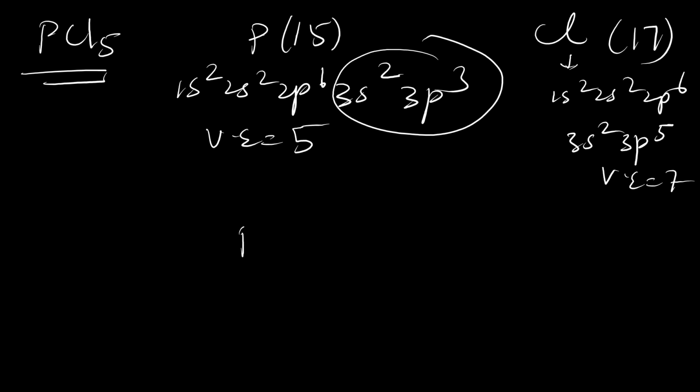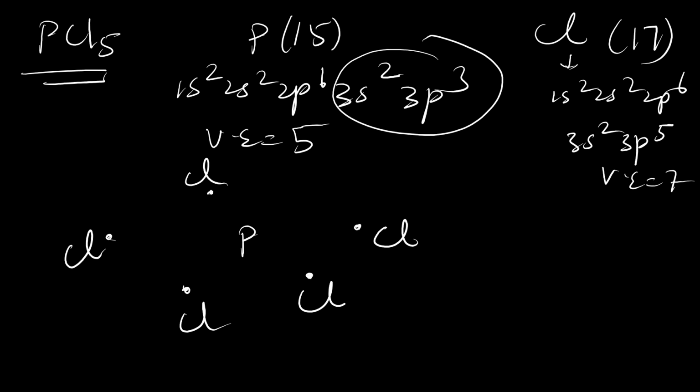So how will we show the sharing of electrons between phosphorus and chlorine? And as I told you already, these types of structures are called dot structures. So phosphorus is the central element and chlorine is surrounding the phosphorus, 5 chlorine atoms. So we will write each, because chlorine needs 1 electron to complete its octet.